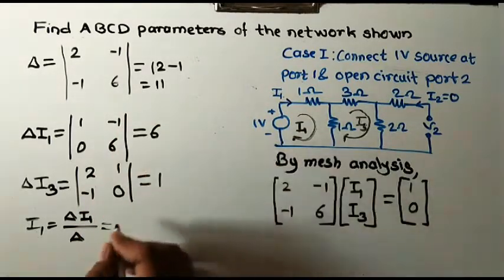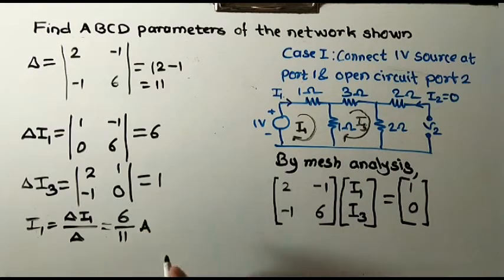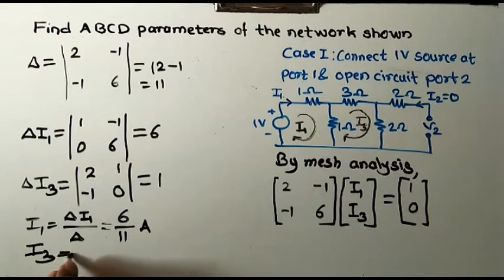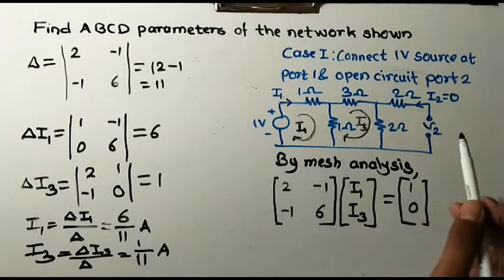If we divide it, we will get 6 upon 11 ampere. This will be I1. Similarly, I3 is delta I3 divided by delta, and it is nothing but 1 upon 11 ampere. So like that we got I1 and I3.